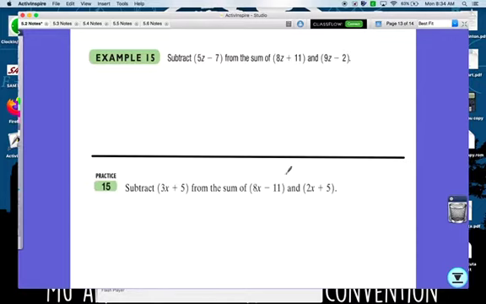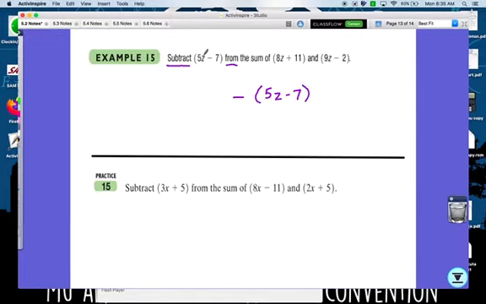All right, and then we have a little word problem here. This is subtract this 5z minus 7 from the sum of these two. All right, and so we talked about it before. Subtract from means I do want to do minus. I want to do the 5z minus 7 as the last part.